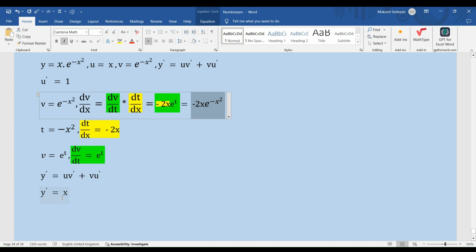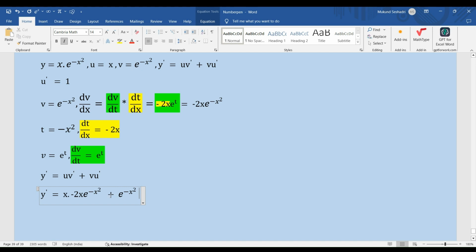So I copy that, right? And then I have my vu dash. What is my v? My v is e to the power minus x square. And what is my u dashed? My u dashed is nothing but 1, right?